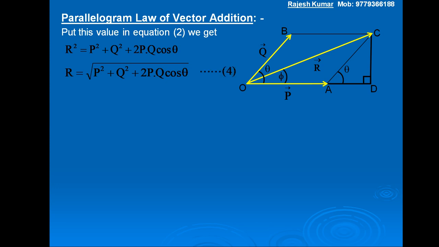Let it be equation number 4. By this formula, we can find the magnitude of resultant of two vectors P and Q.